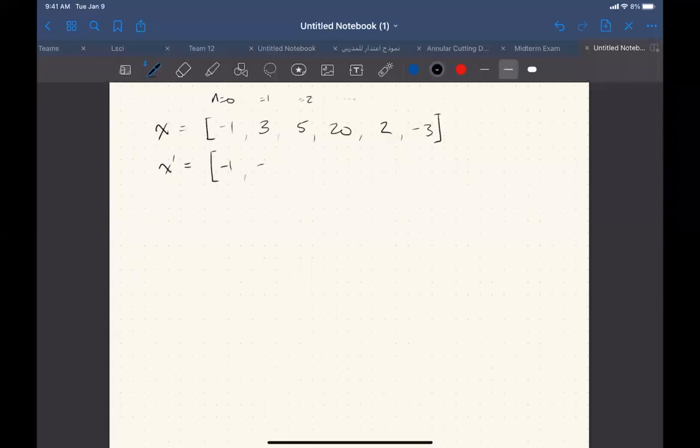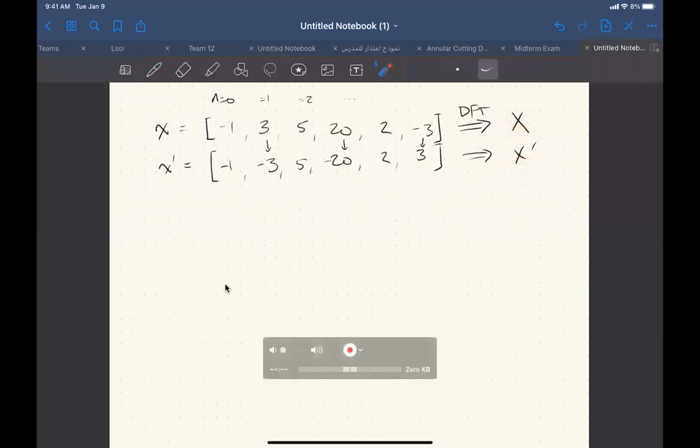So -1, -3, and so this one changes. 5 stays the same, 20 flips, so we have -20. Here, 2 remains the same, and then -3 becomes +3 because the sign flips. And that's x prime. If we were to take the DFT of x, that will give us capital X, and the DFT here would give us x prime. You'll notice that the values in this are the same except the order.